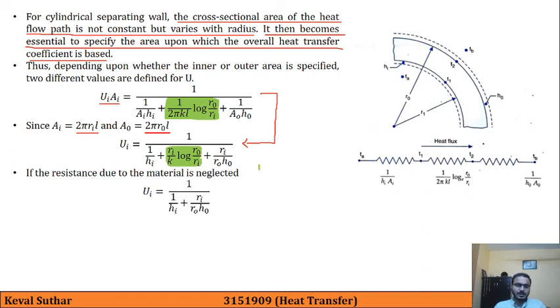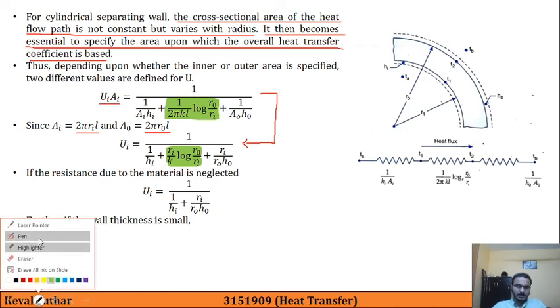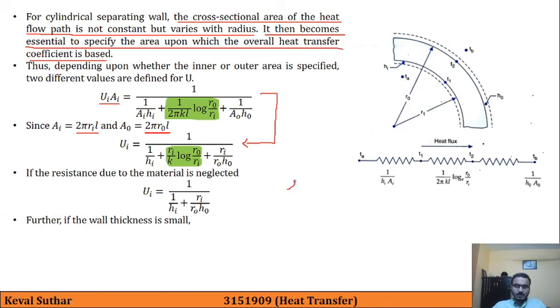Then our equation reduces to this. Furthermore, if the wall thickness is small, Ri can be approximately written as Ro. So even these two will get eliminated. We will have Ui is equal to 1 upon Hi plus 1 upon Ho. So ultimately it gets reduced to this very simple equation.